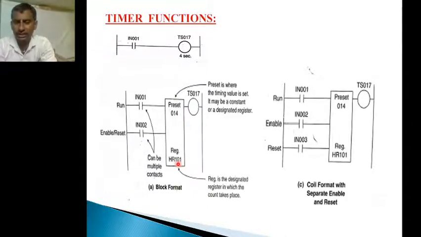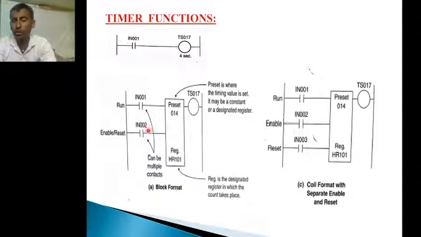So we set the timing value as 14 seconds, but suppose we operate the timer function for 6 seconds, and for any reason the input IN001 goes off. Then IN002 is the enable input. We have already made the IN002 input on. So even if the power is off, the timer stops its operation at 6 seconds because of this enable input.